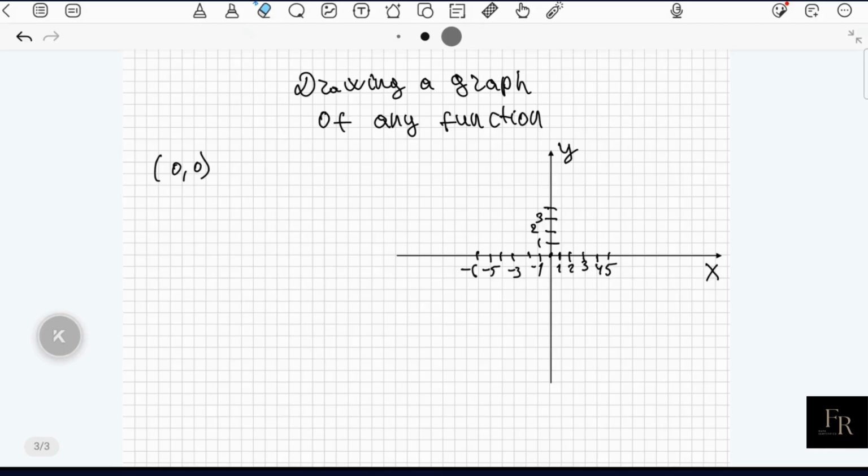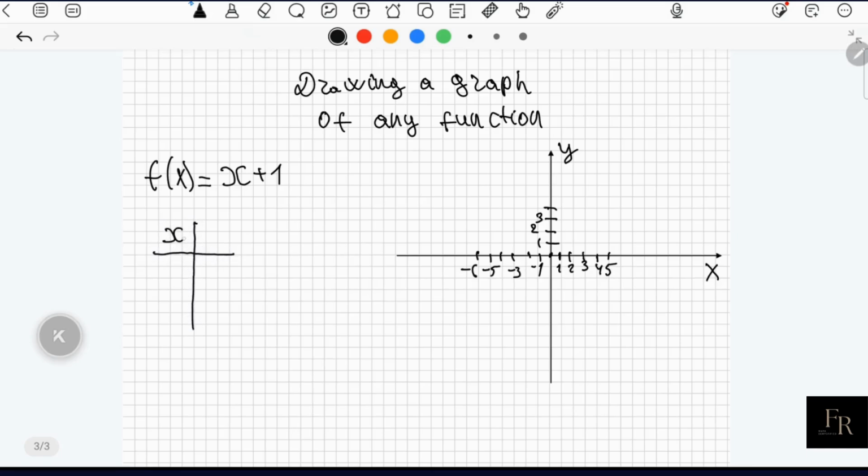Now let's look at the following function. f(x) equals, let's take a very simple equation, x plus 1. In order to draw the graph of this function, we have to create a table.